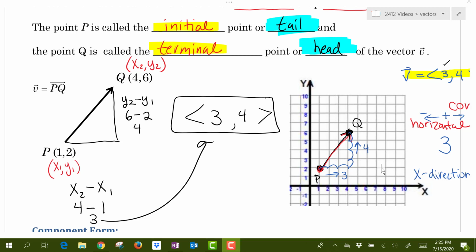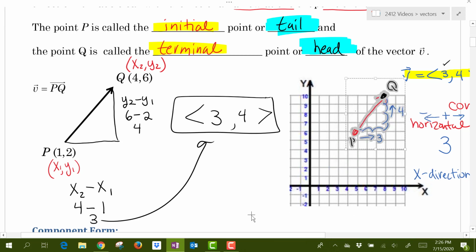Another question is, does the location of the vector affect the component form of the vector? So when we graphed this vector, we had 3 to the right, 4 up, and we plotted those coordinates, and we found the component form. Now, let's say that I move the vector to be here. You'll notice that if I move the initial point and the terminal point of the vector to be at different locations, the component form of the vector has not changed.